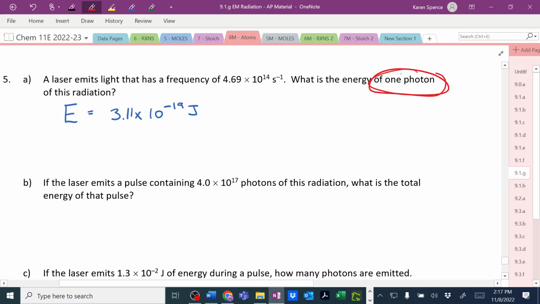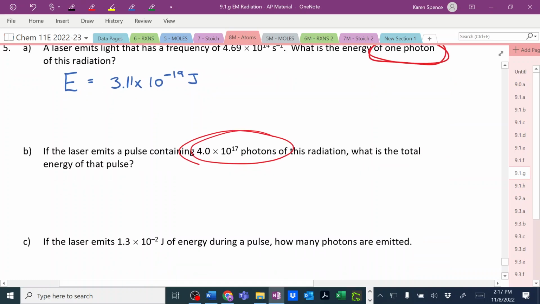Yes? One photon. We don't want the energy for one photon, we want the energy for that many photons. Okay? And apparently my answer key is wrong for this one, so bear with me here. So this is the joules per one photon.